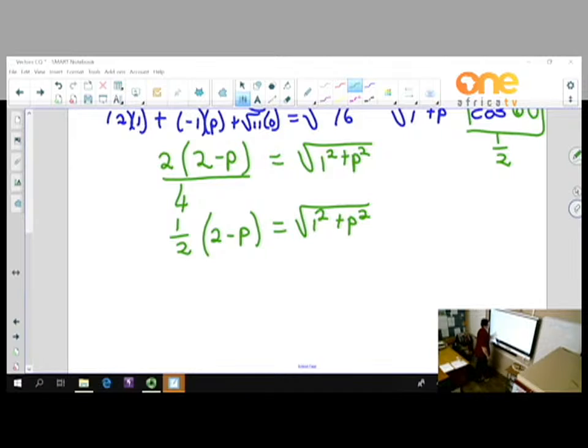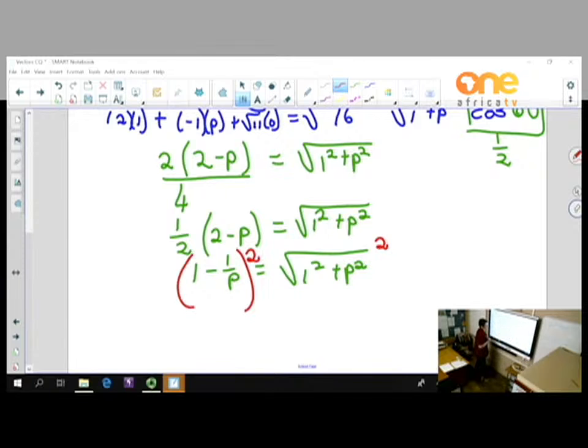So let's multiply it in here. Then we have 1 minus a half P is equal to the square root of 1 squared plus P squared. Now I can square the whole thing to get rid of that square root there.